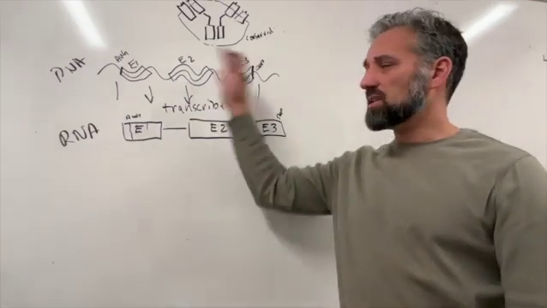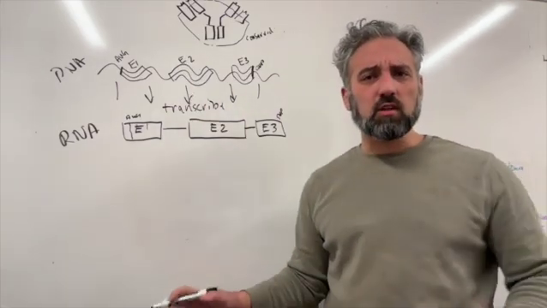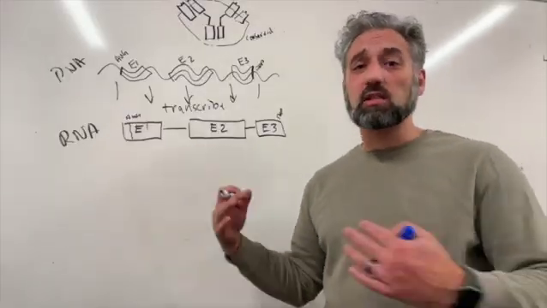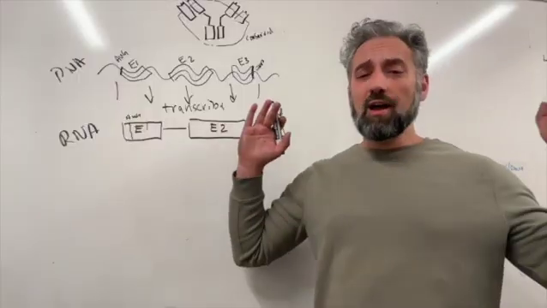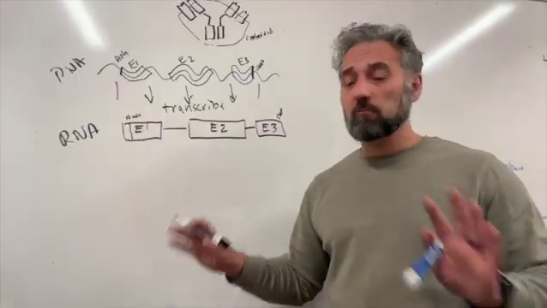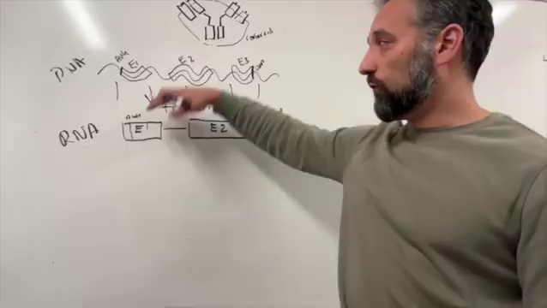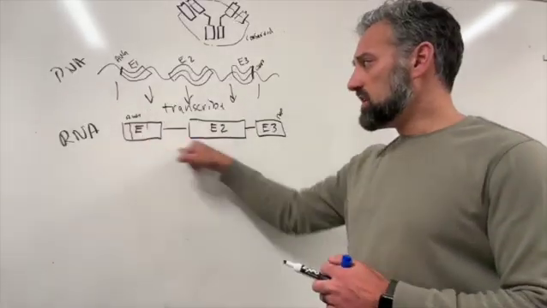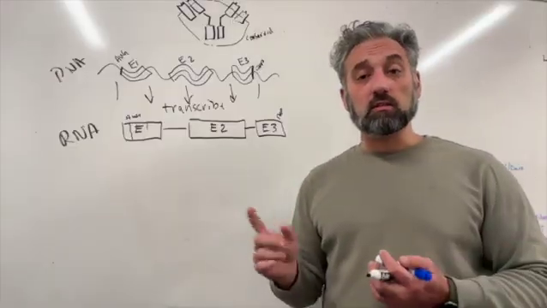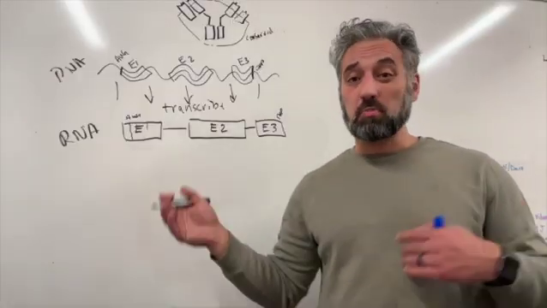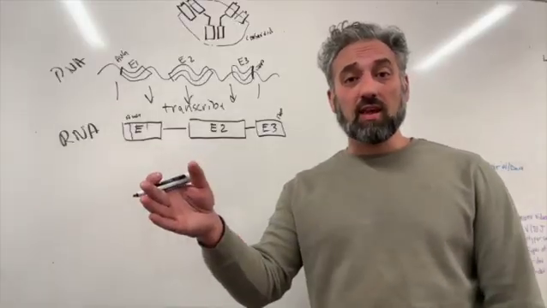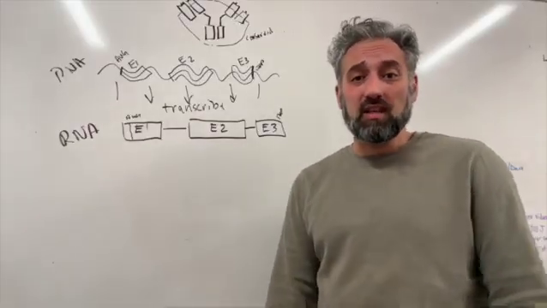Now, to be able to get to all of that, there are all of these other things that are going to go on. There are going to be terminator sequences. There's going to be the TATA box that tells us when we actually need to transcribe. All of that fun stuff. Now, how do we get from this to the next step? Well, within these exons, there are going to be signals that are called splice donors and splice acceptors, because that's essentially how you say this is where the exon ends and this is where the next exon begins.